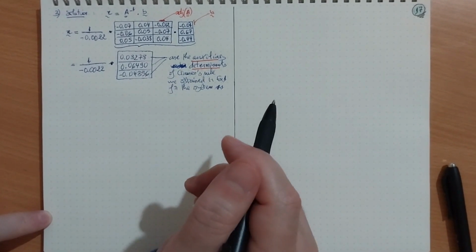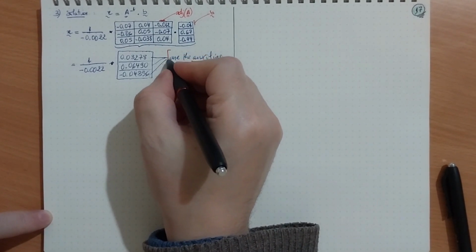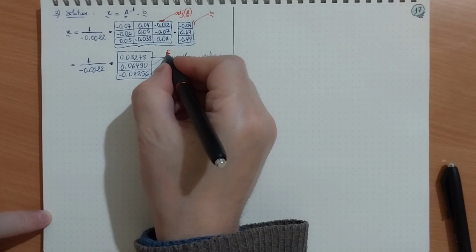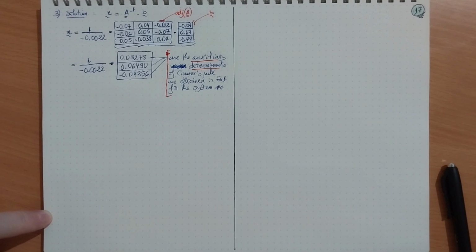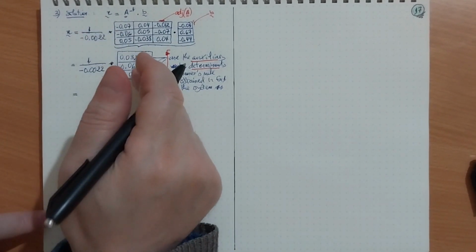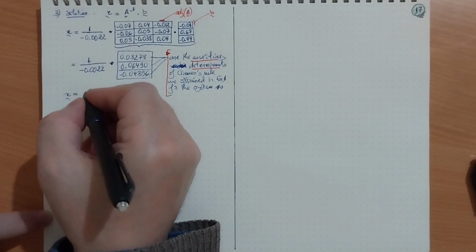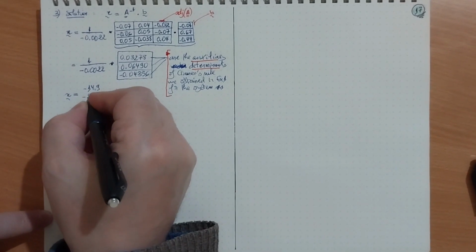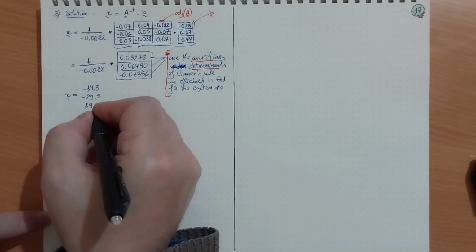You can easily check. So this is an important note. If you don't find the same result, you have made a mistake. And we obtain, of course, the same, because we are applying Cramer's rule actually. We obtain the same result, minus 14.9, minus 29.5, and 19.8.